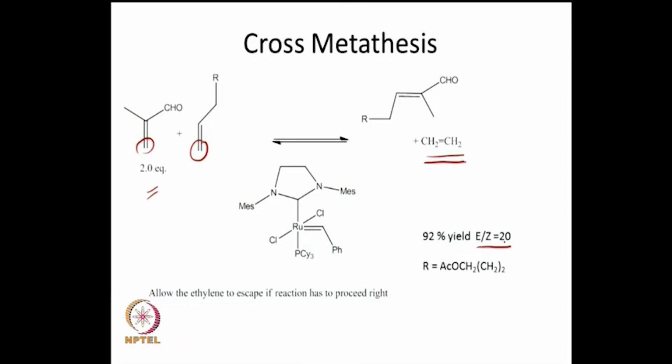Here I have shown this reaction was done with the Grubbs second generation catalyst, and you ended up with a 92% yield just by adding 2 equivalents of the aldehyde that you started out with, and you ended up with an aldehyde which was more useful in 92% yield. So, this was carried out with Grubbs second generation catalyst, and it allows for a reaction where you have an aldehyde as a substituent.